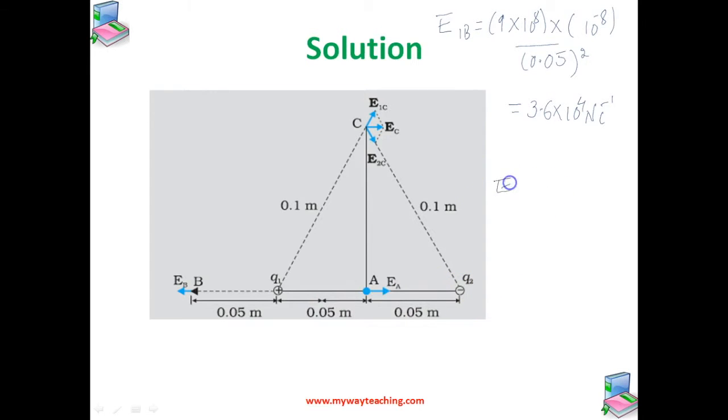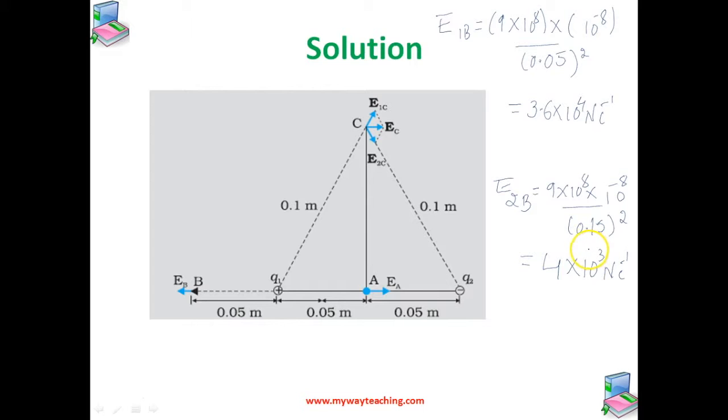So E2B will be different from that of E1B. That will be equal to 4 into 10 raised to 3 Newton per coulomb.